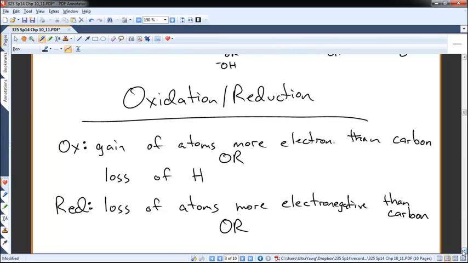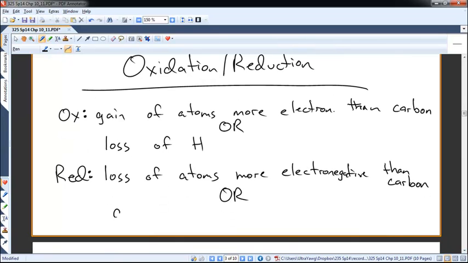Or, if we want to pay attention to what the hydrogens are doing, reduction would just be a gain in the hydrogen count. Right? So last chapter when we learned hydrogenation reactions, we take an alkene and we hydrogenate it with hydrogen and platinum or Raney nickel or palladium or something like that, and we get the cis addition. Technically, that was a reduction because we've gained hydrogens on the molecule.